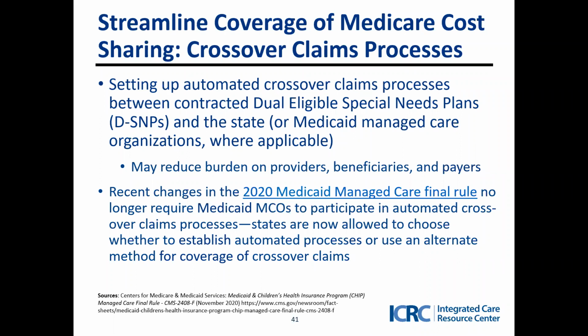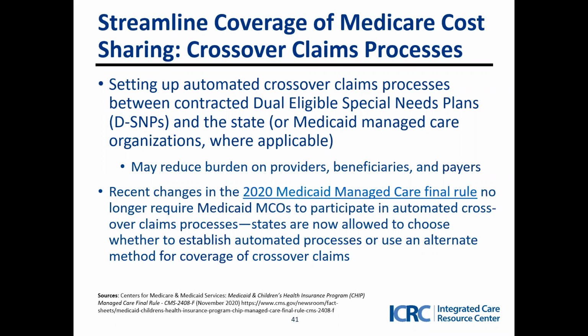When dual eligible special needs plans, or DSNPs, cover Medicare benefits for at least some dually eligible individuals in a state, states can set up automated crossover claims processes between those DSNPs and the state to reduce burden on the providers, beneficiaries, and payers.